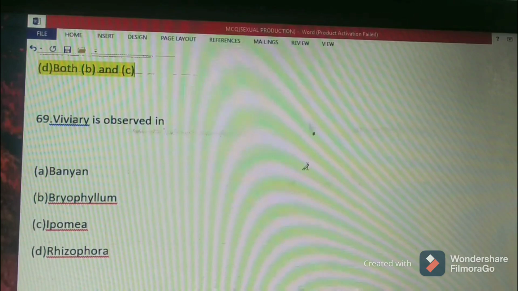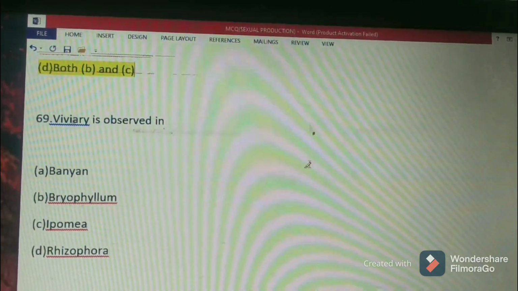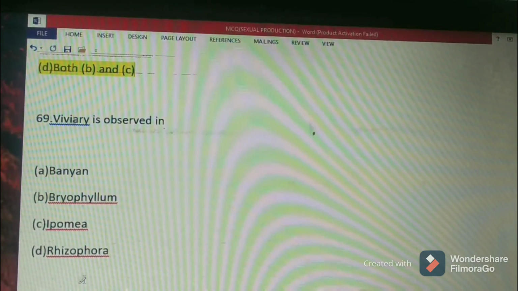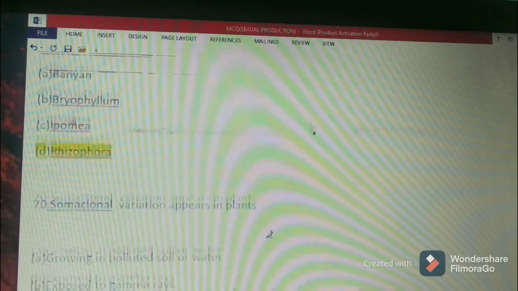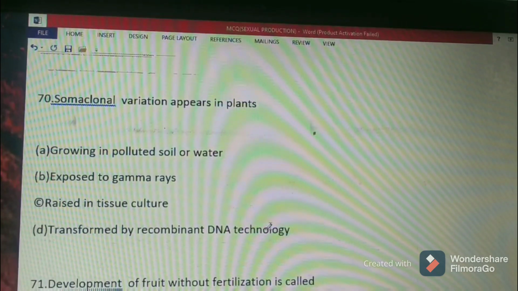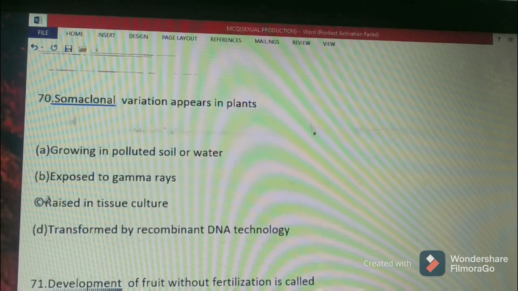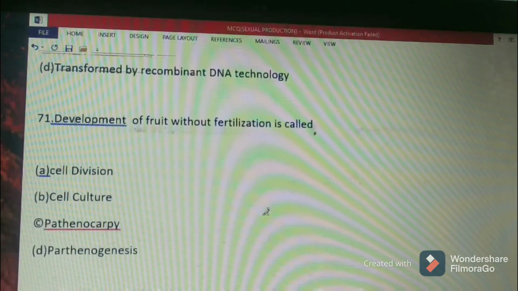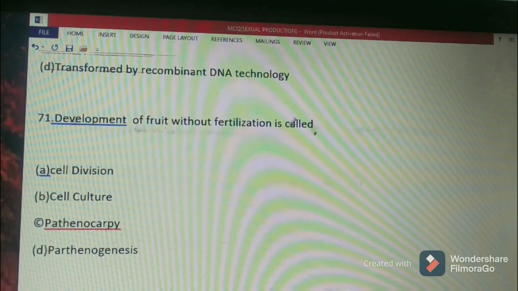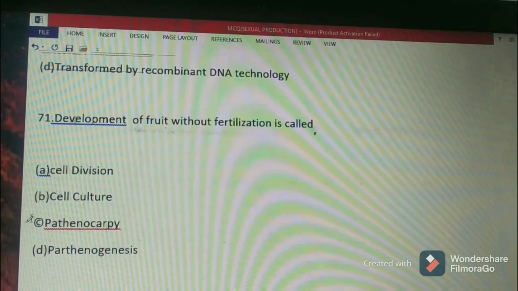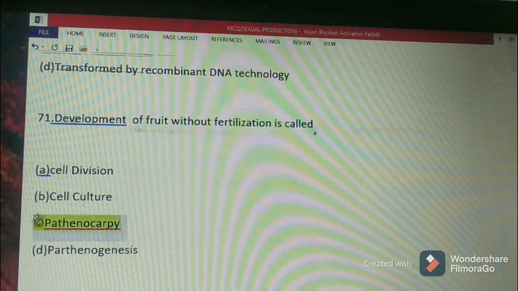Vivipary is observed in Rhizophora. Somaclonal variation appears in plants raised in tissue culture. Development of fruit without fertilization is parthenocarpy.